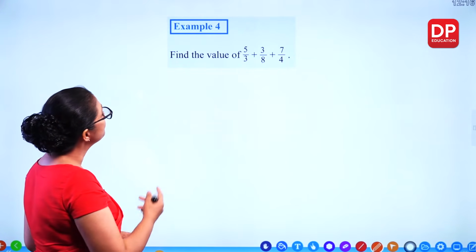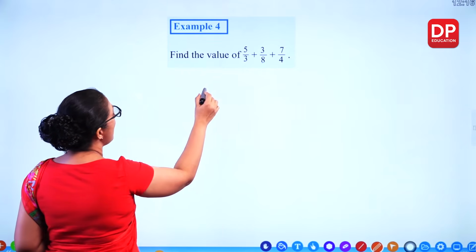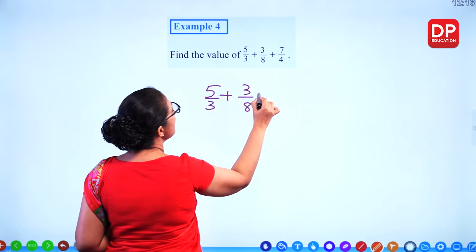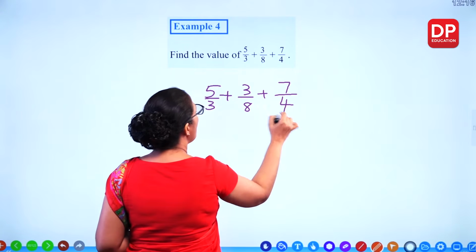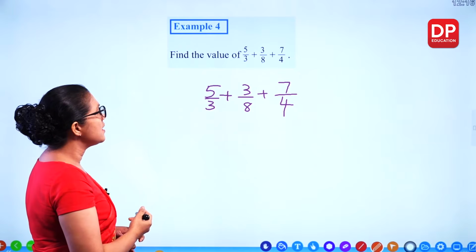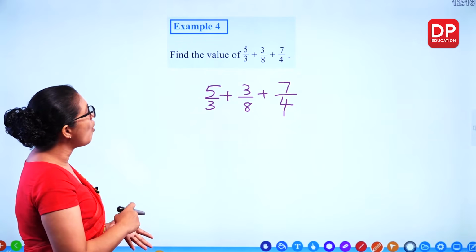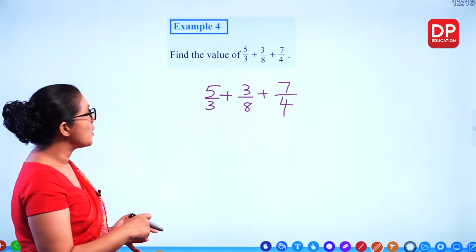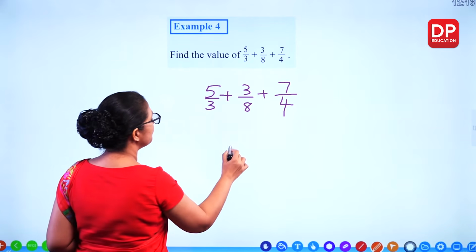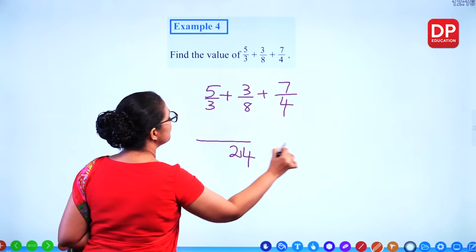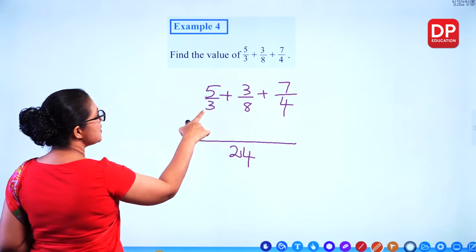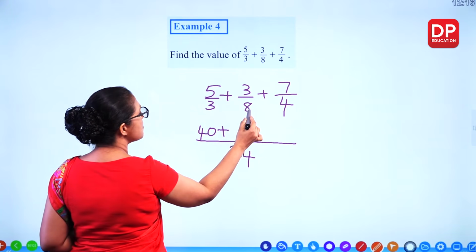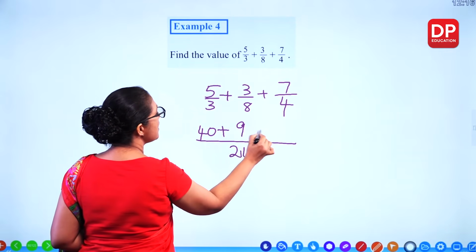Example number 4. Find the value of 5 over 3, 3 over 8 and 7 over 4. What's the common denominator of all 3? 3, 8, 4. So you get 24. Multiply this by 8. 8 times 5, 40. Multiply this by 3. 3 times 3, 9.